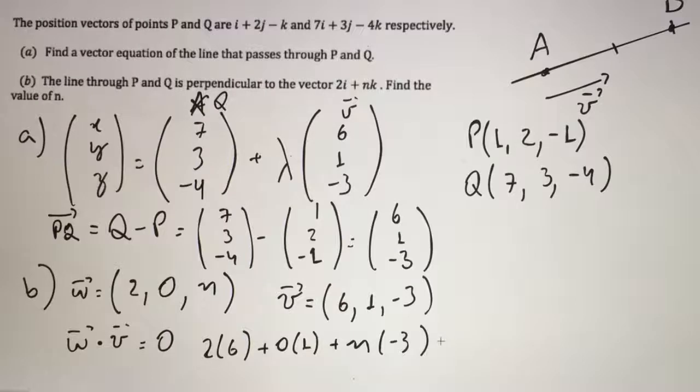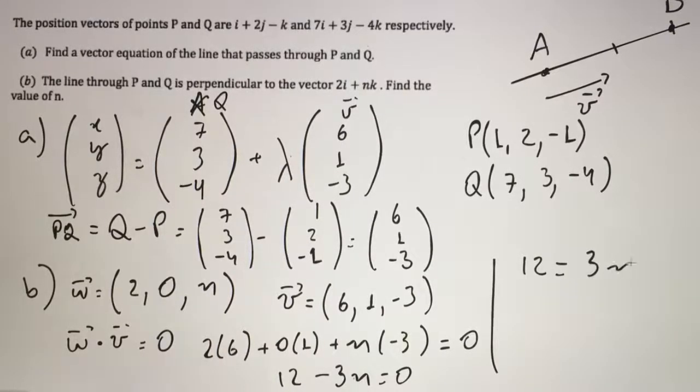And I know because they're perpendicular that the result must be 0. So we get 12 plus 0 minus 3n equals 0. So this is going to give me that 12 equals 3n. And if I divide both sides by 3, n equals 4.